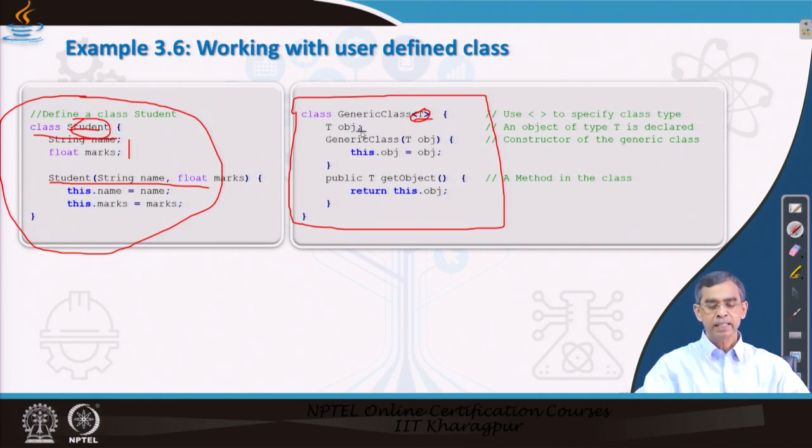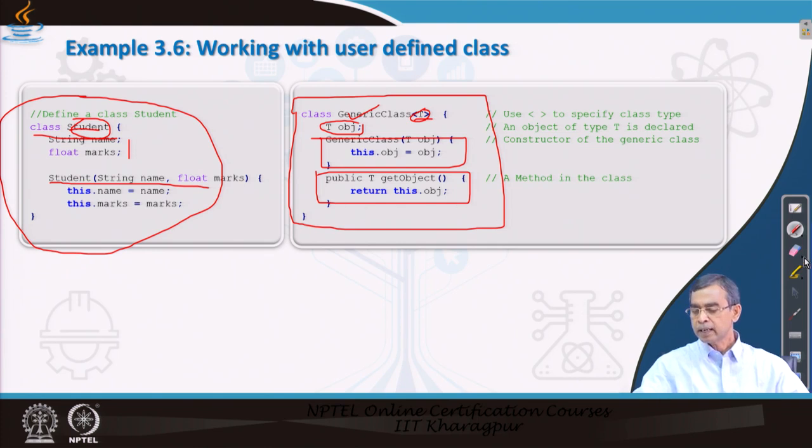Now, this is an object declared here, and this is the constructor of this generic class, and this is one method to get the object, which will get an object from the collection, return it and print it.